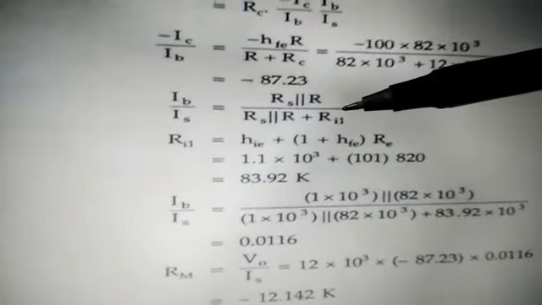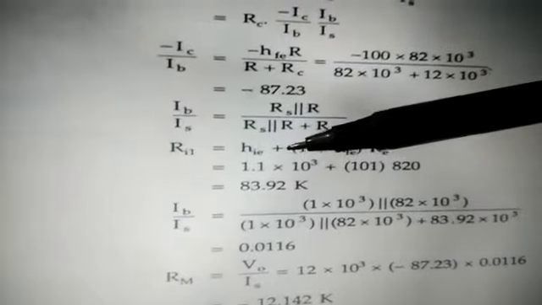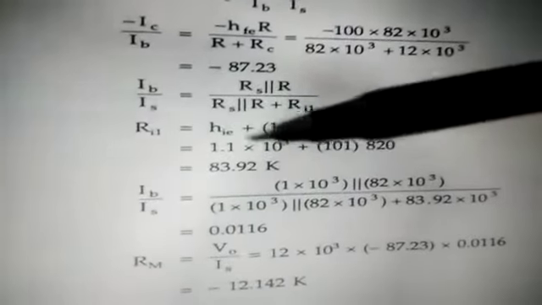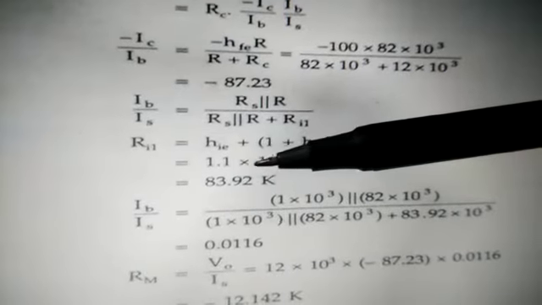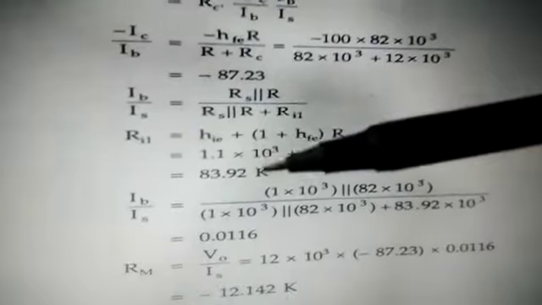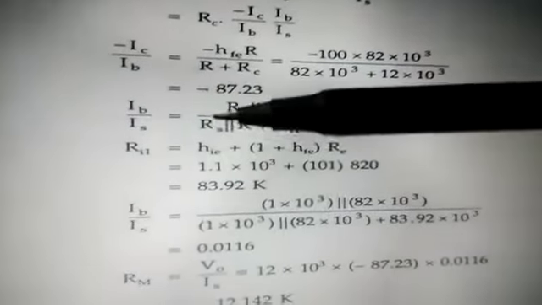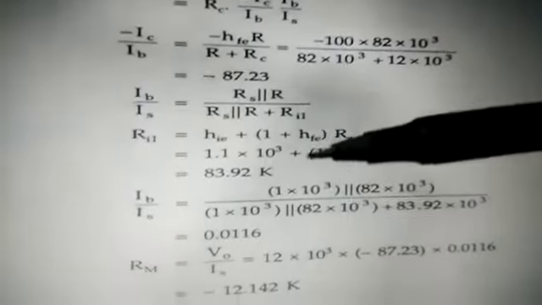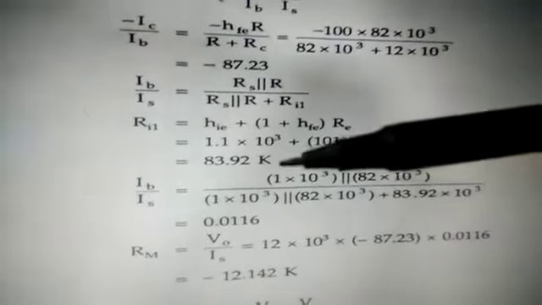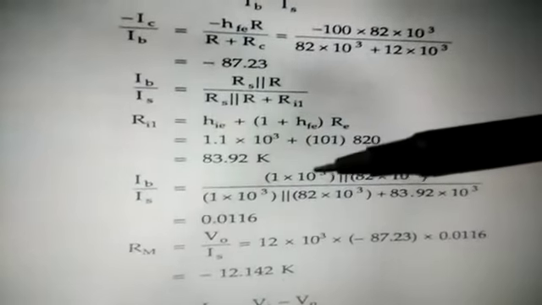So Ib by Is you can calculate according to the parallel branches of the current. That is Rs parallel to R upon Rs parallel to R plus this Ri1. And Ri1 can be calculated as HIE plus 1 plus HFE into Rs, according to the formula of the H parameter model. So this Ri1 comes to be 83.92 kilo ohm.